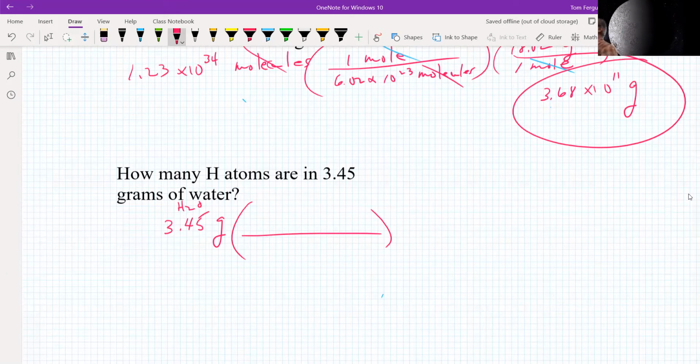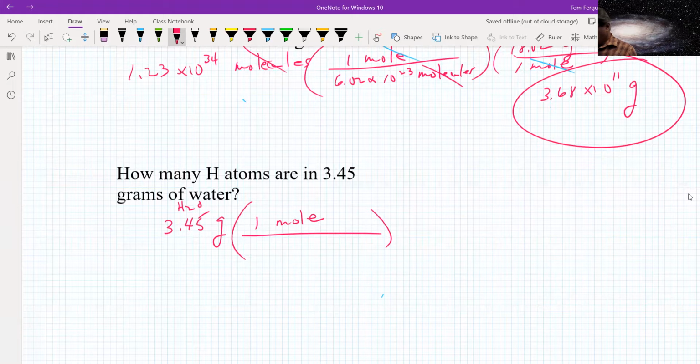Okay, so we have no direct conversion, so we have to go through moles. So we need to go from grams to moles using the molar mass from the periodic table. And remember the 18.02, we just add up the H's and the O's for water from the periodic table.